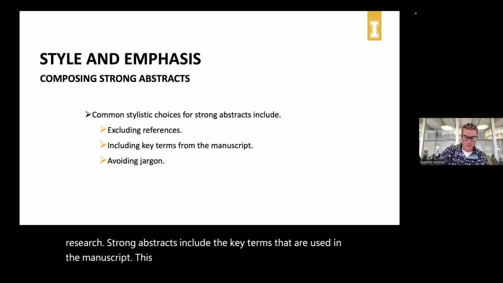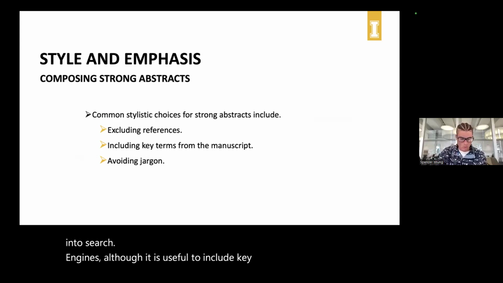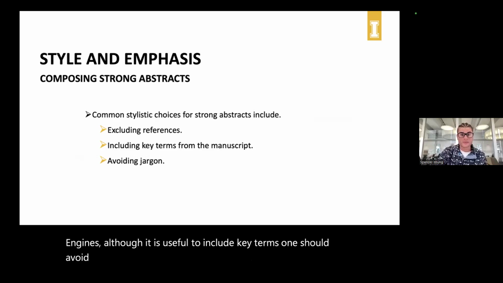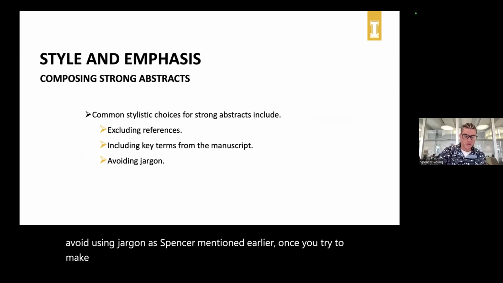This will help inform the audience expectations, in addition to making your research visible when those words are typed into search engines. Although it is useful to include key terms, one should avoid using jargon. As Spencer mentioned earlier, one should try to make their abstracts communicable to a broad audience.